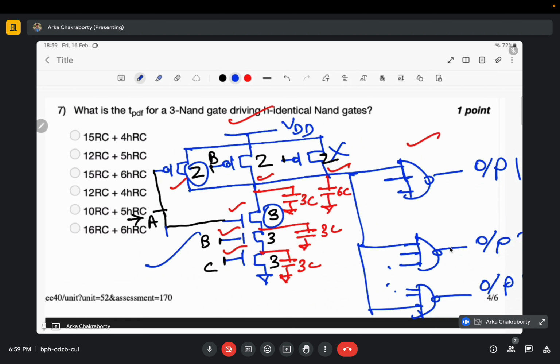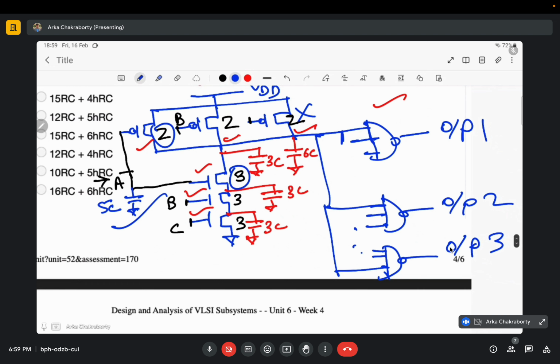Because these are identical gates, this capacitance would be equal to 5C.